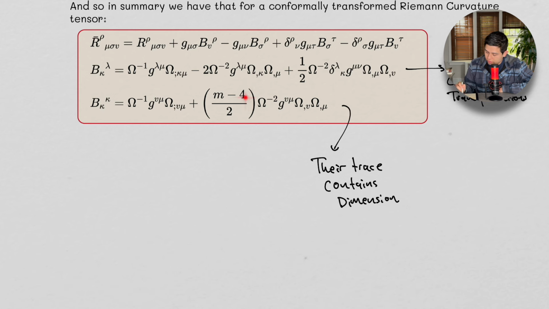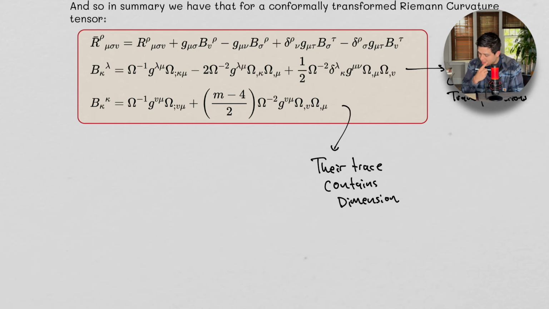If our dimensionality is less than 4, this also takes hold, but in a negative way. So 4 is a sweet spot. A dimensionality of 4 really reduces this B tensor, or its trace, to this.